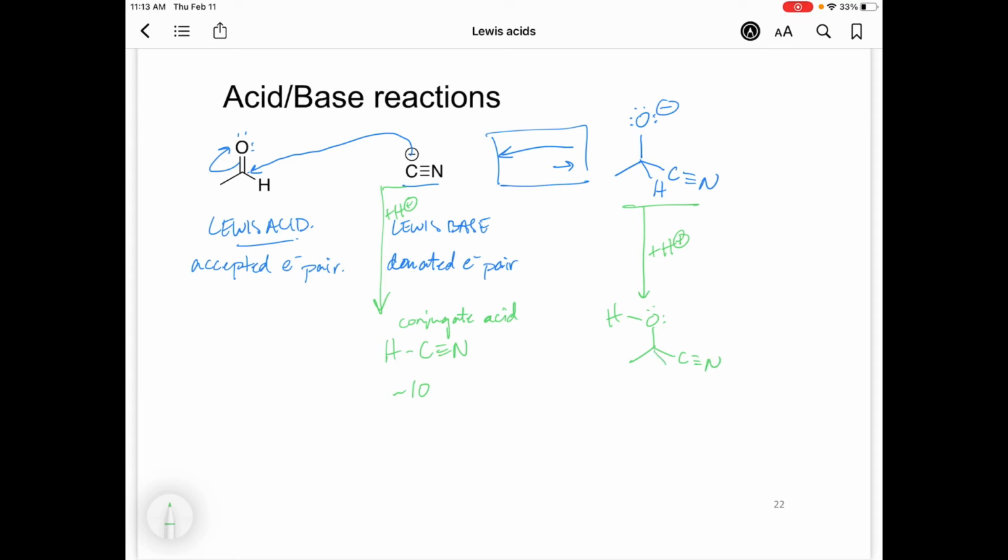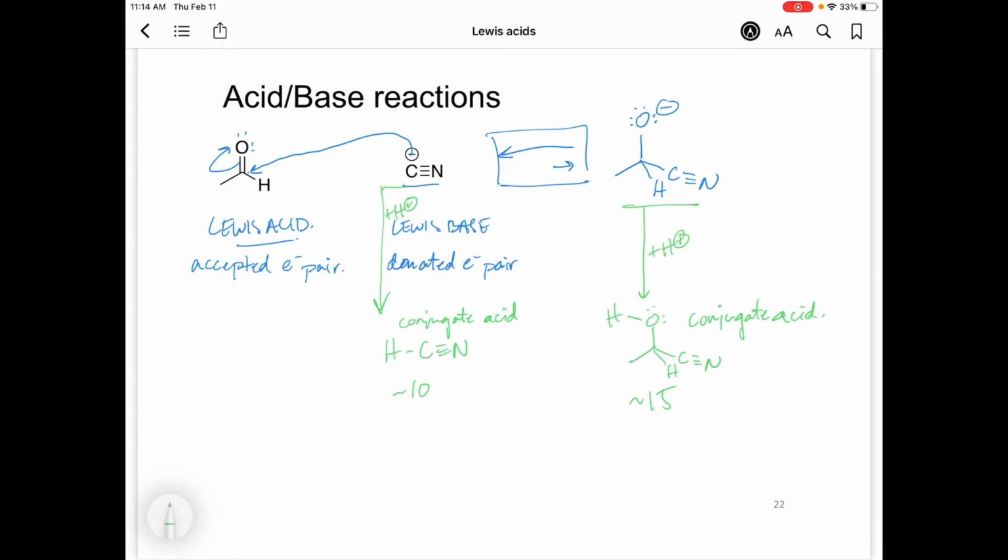All right, well, we know the pKa of an alcohol is around 15. When you're looking at the conjugate acids, the side with the lowest pKa of the conjugate acid is favored.